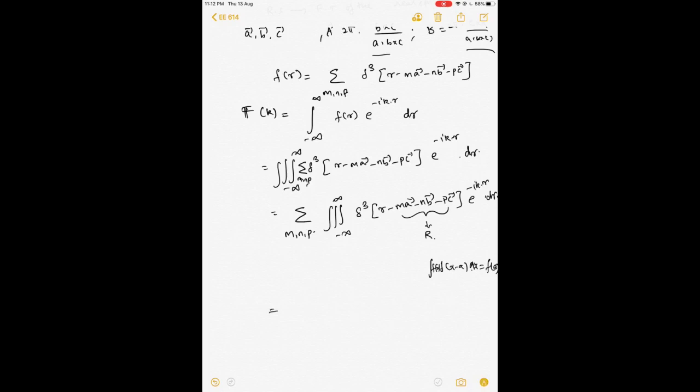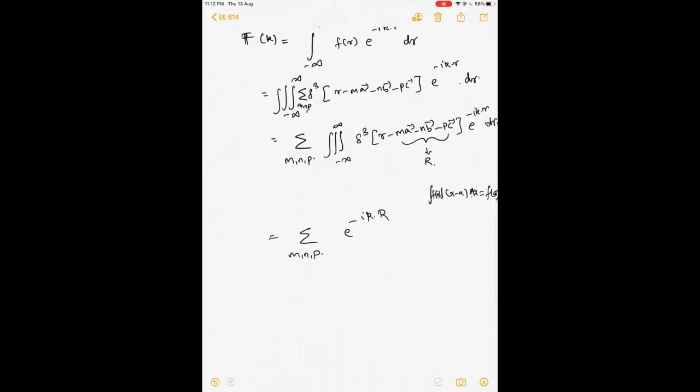So I have m comma n comma p e power minus I k dot capital R, right? This is the Fourier transform of the delta train that we had in the real space.